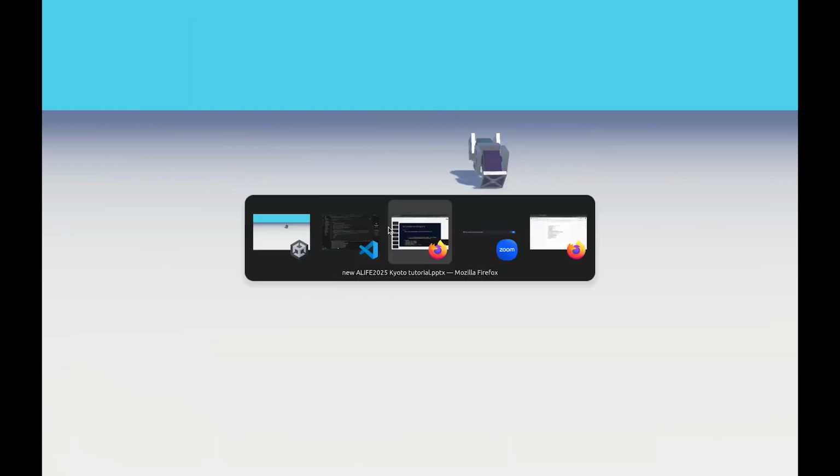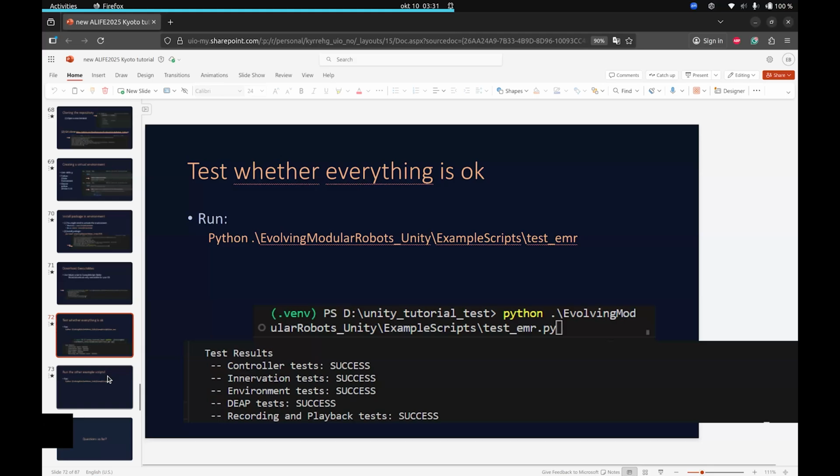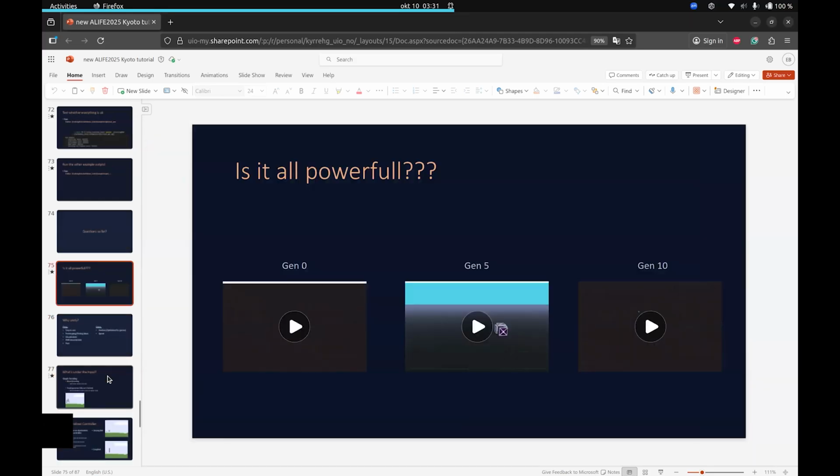So yeah, I was hoping to show how easy it is to set up, but everything failed basically. I think I can now go through the slides to maybe show what it can do.